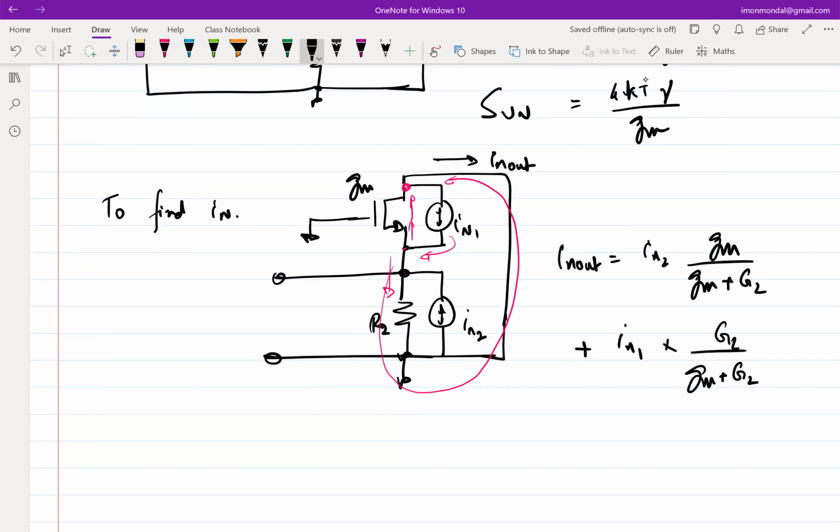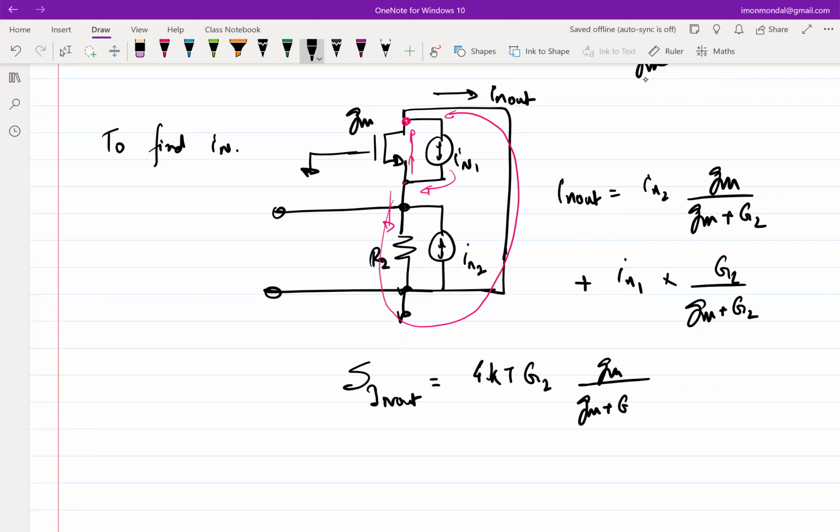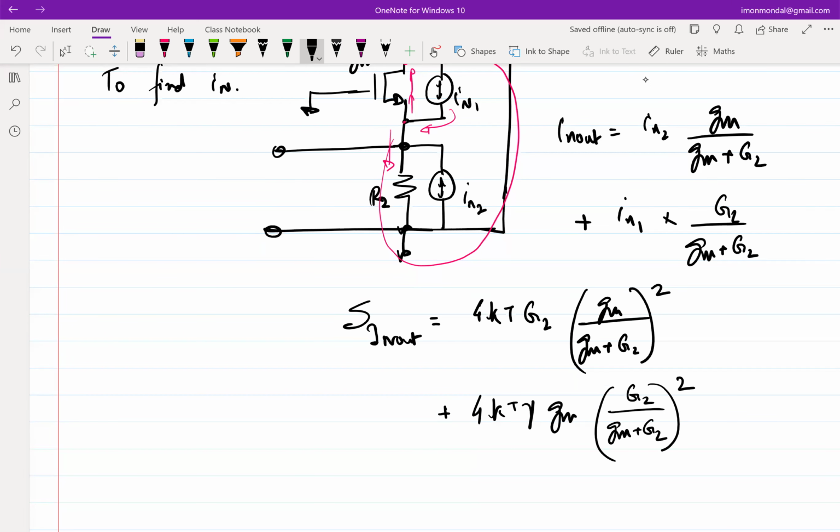Okay. So what will be SIN out in this configuration? It will be IN2, which is 4 kT by R2, which is G2, times Gm by Gm plus G2 whole squared, plus IN1, which is 4 kT gamma Gm, times G2 by Gm plus G2 whole squared, right?